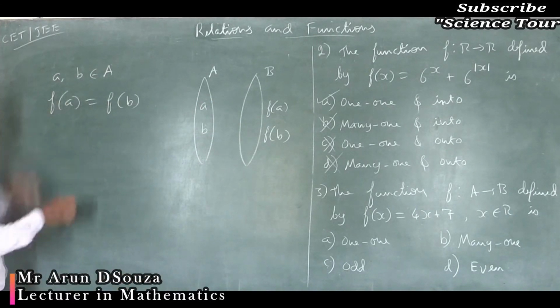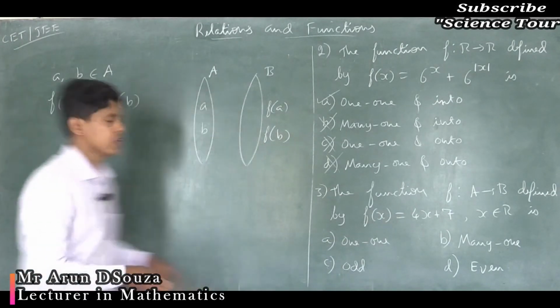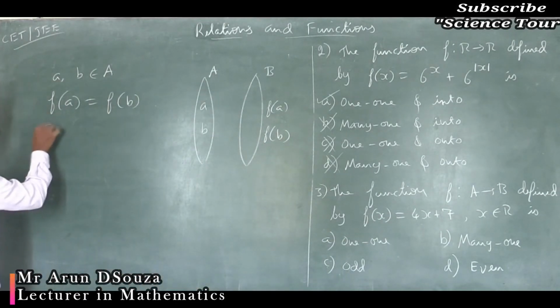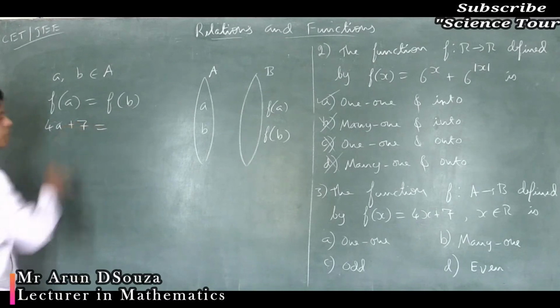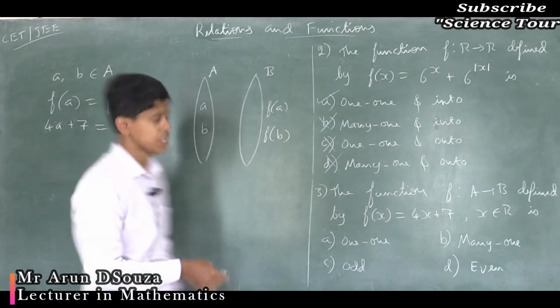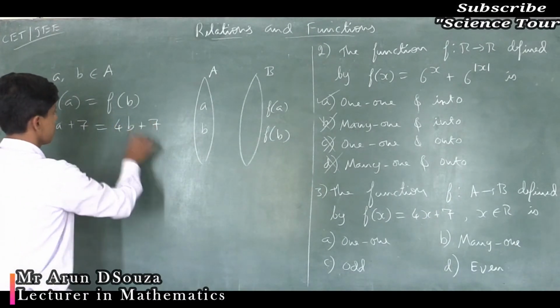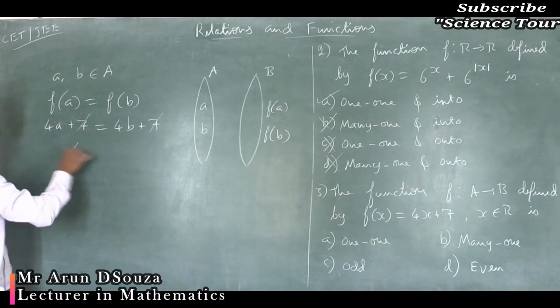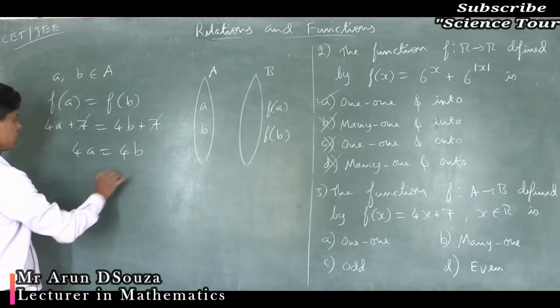So now what is f of a? Say f of x is 4x plus 7. Therefore f of a is 4a plus 7, and then f of b, so in place of x you have to substitute b, so that is 4b plus 7. Now clearly you can cancel out 7 on both sides. 4a is equal to 4b, hence a is equal to b.